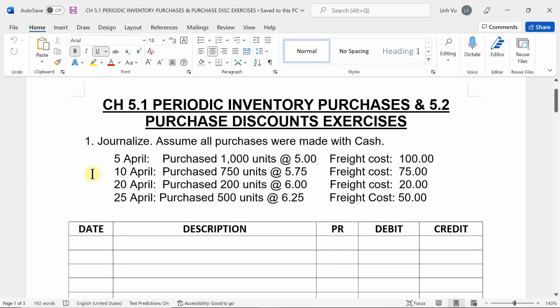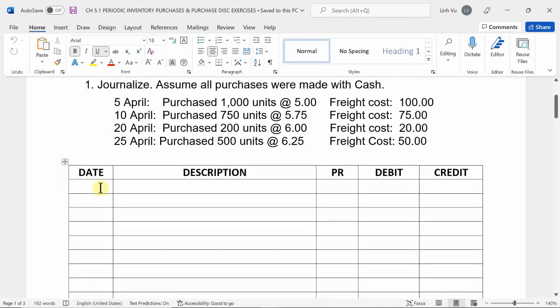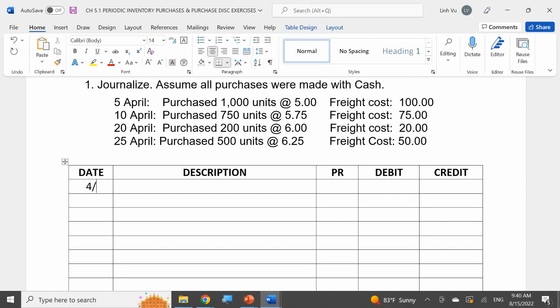Number one, journalize and assume that all purchases were made with cash. April 5th, we end up purchasing 1,000 units at $5 each. Freight cost you $100. So how would I journalize this exact transaction, using periodic inventory?